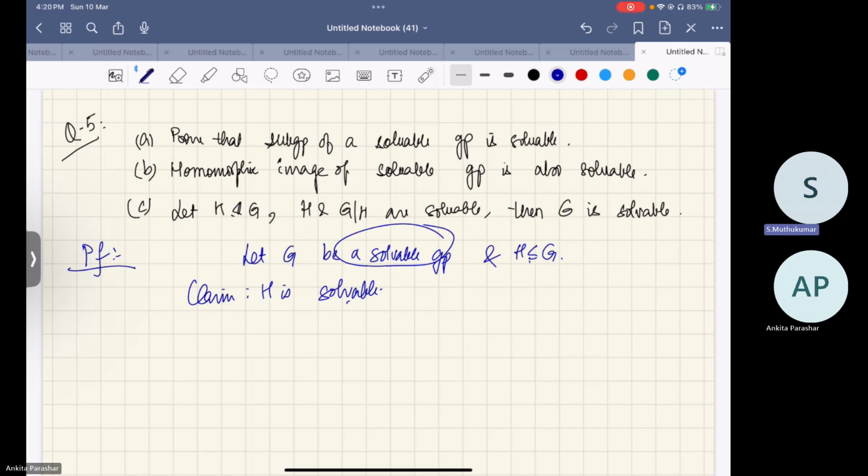That is, there exists a chain of subgroups. Exactly. So let's write.